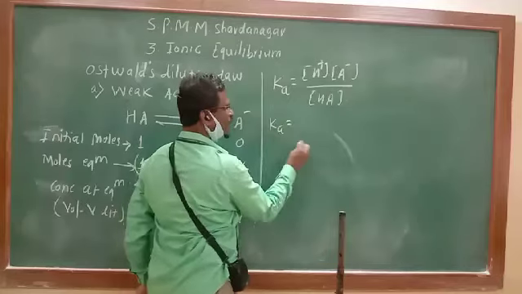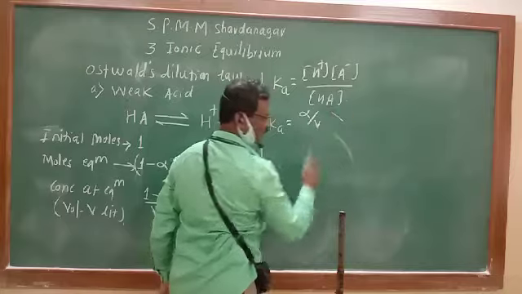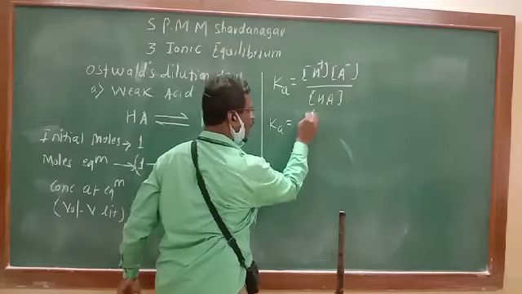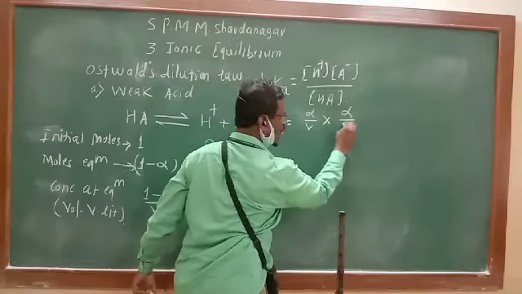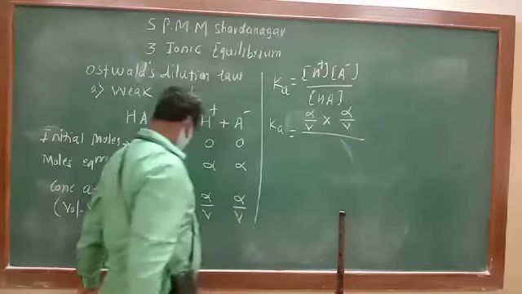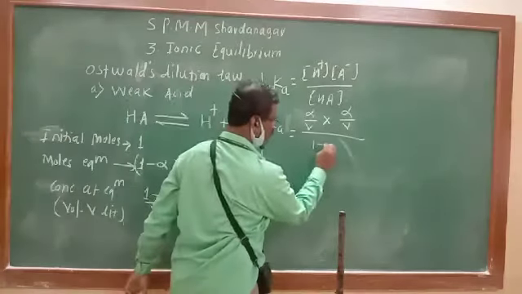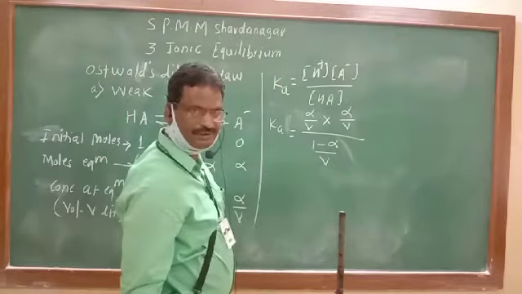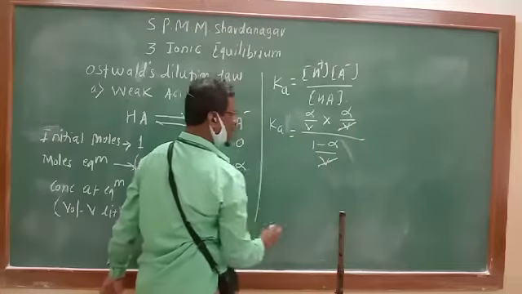Ka is equal to alpha upon V multiplied by alpha upon V, divided by 1 minus alpha divided by V. Cancel the similar terms from numerator and denominator. One of the volume terms from numerator and denominator is cancelled.